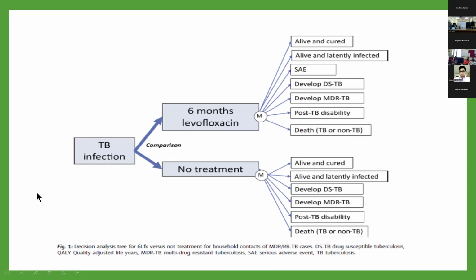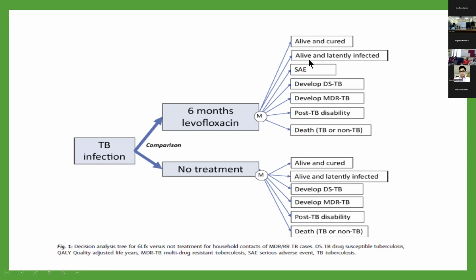If they had a TB infection, you can decide either not to give or to give the preventive therapy. There are six outcomes they have taken: alive and cured, alive and latently infected, developed sensitive TB or MDR TB, post TB disability, death related to either. Similar at 6 months, apart from severe adverse events.